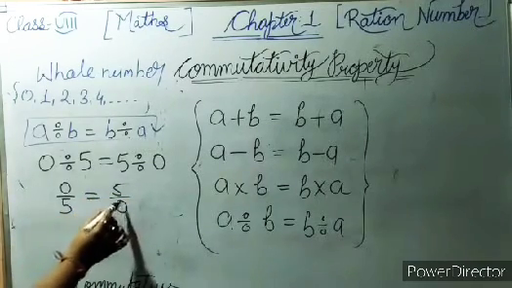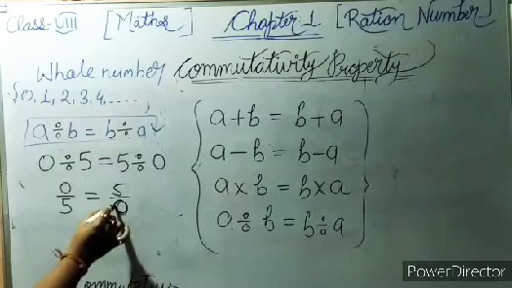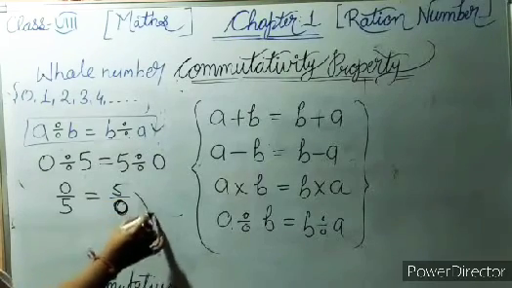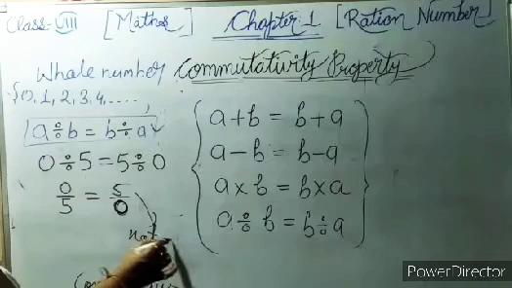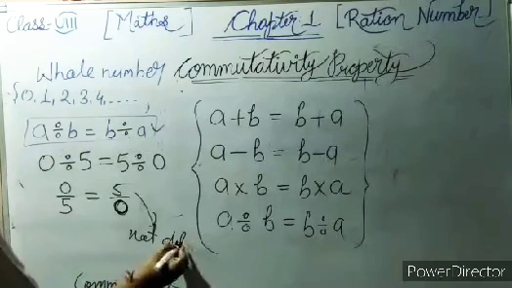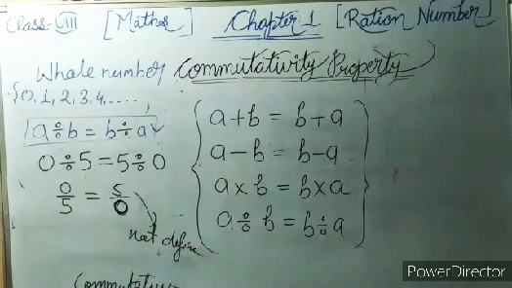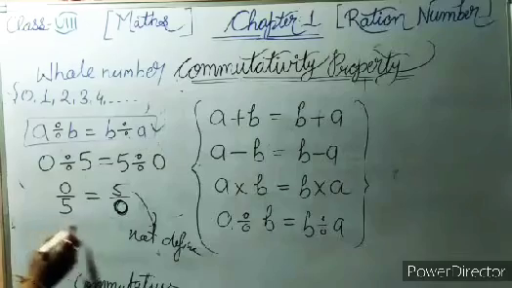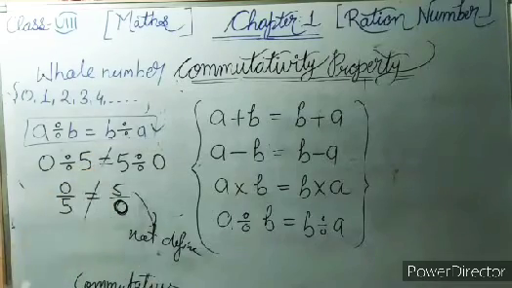You see, if 0 comes in the denominator, we will say it is not defined. Not defined. That is why it is not equal also.